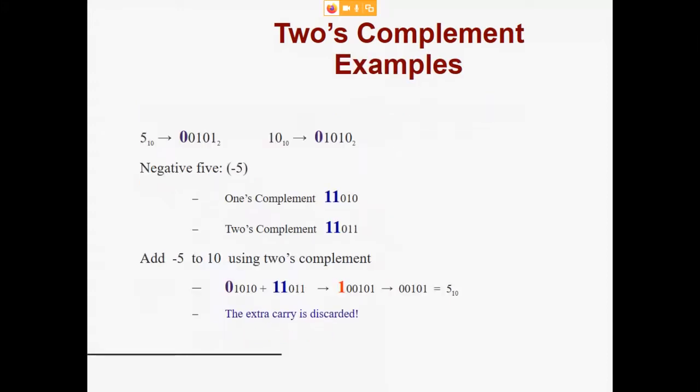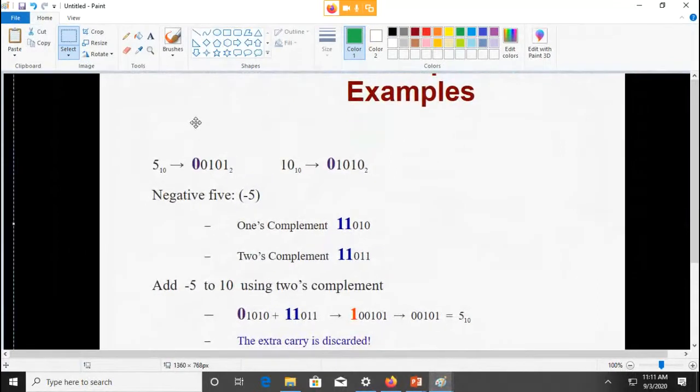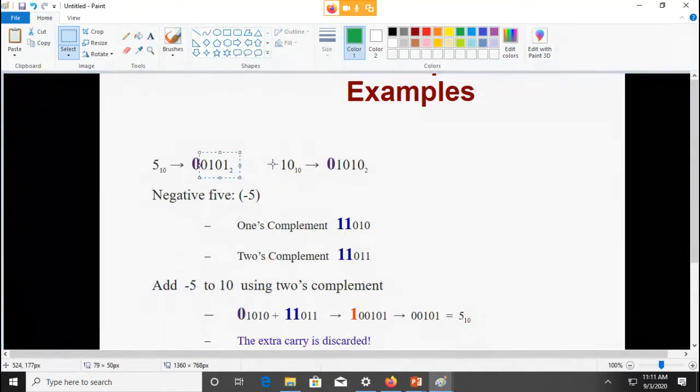All right, so when you look at -5 in binary, it is going to be based on the number 5. The number 5 out to 4 bits is 0101. We already saw that before when we were doing our conversion.